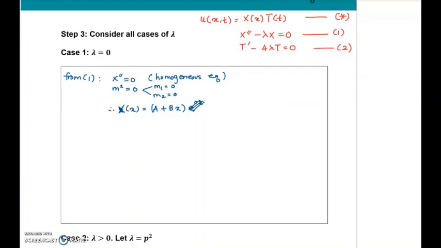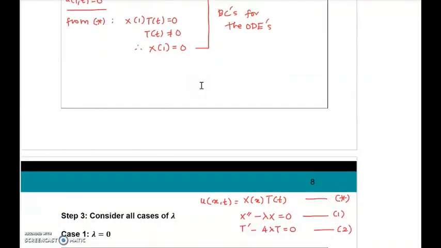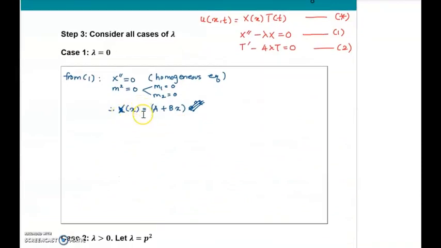Now we need to get the constants a and b. We get them by using the boundary conditions that we formed in step number 2. That is the intention of doing step number 2, to know the boundary conditions for the ODE so that we can apply them here. The first boundary condition says that X of 0 equal to 0.